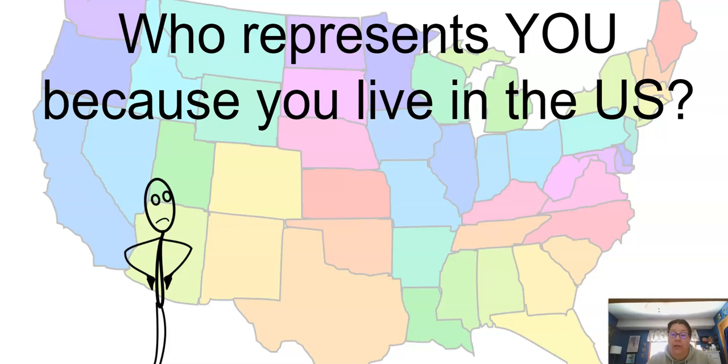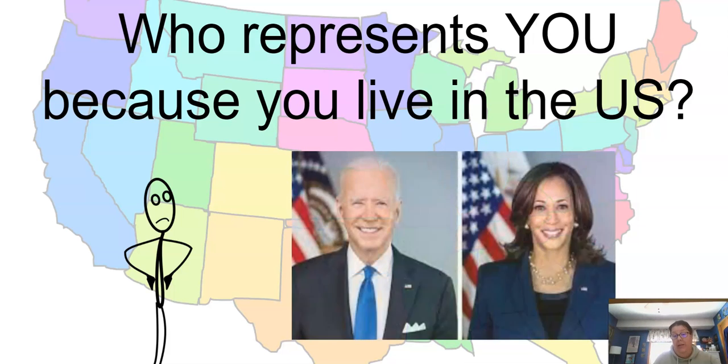So you take away all these lines of individual states, and all you're left with is just a country. And so when we look at the United States as a whole, are you living in a constituency that is represented by a single person? And the answer is technically yes.